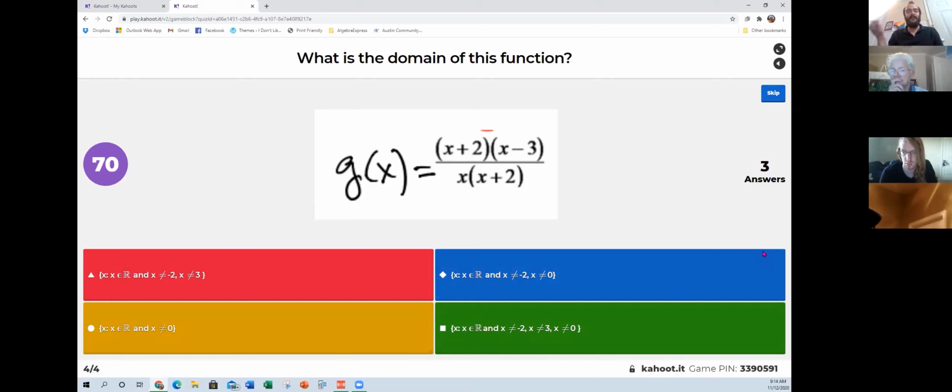If they just put the inequality in there, that's good enough for me. Me too. Or if they do it in interval notation, I was also showing that. If you just wanted to put x not equal to something and x not equal to something, and you didn't want to mess with all the rest of that notation, that's fine with me. Or if you wanted to use interval notation, that's fine too. But yeah, that's set builder notation.